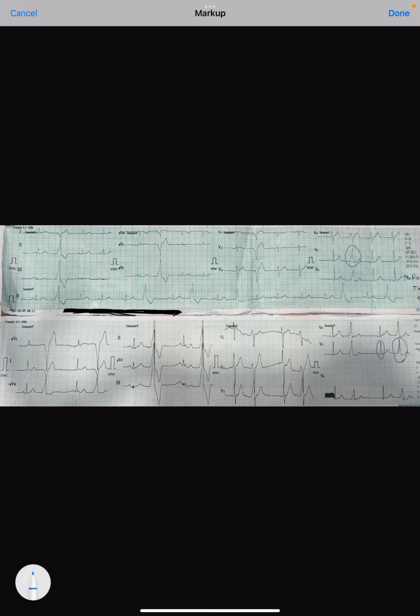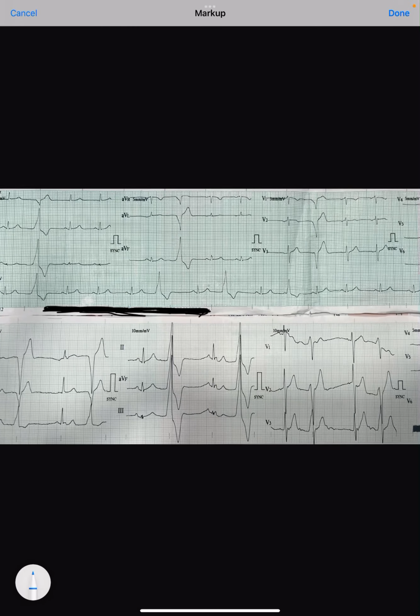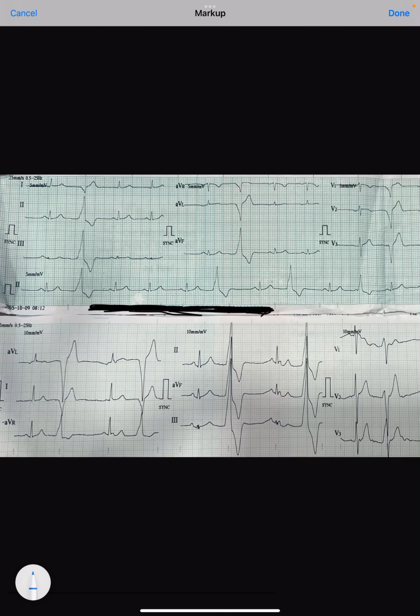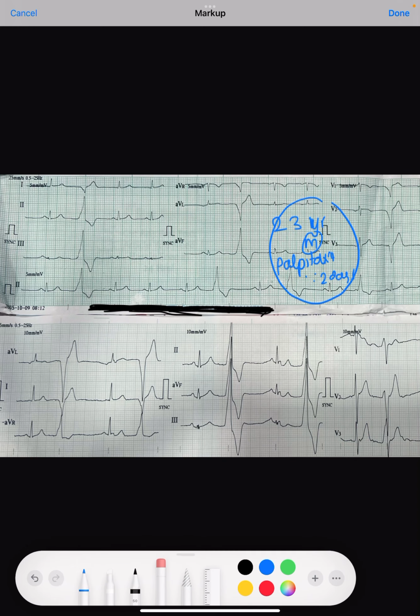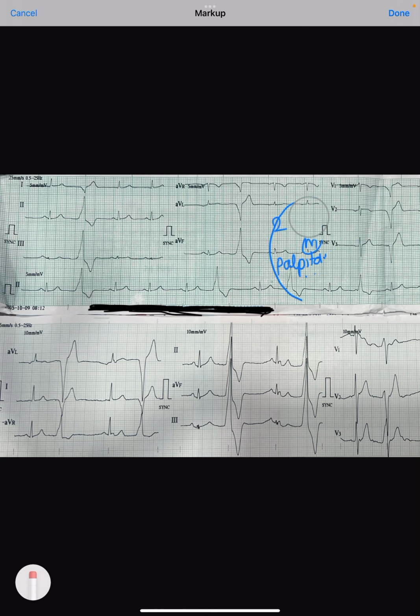Now, this is a very, very interesting ECG. This was a 23-year-old male patient who presented with palpitations which were on and off since around 2 days. He presented in OPD with the main symptoms of palpitations, and there was some component of shortness of breath.